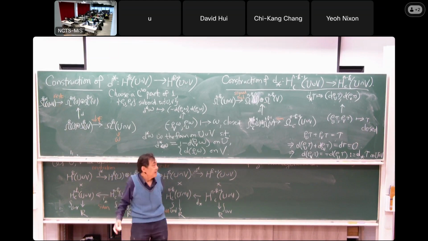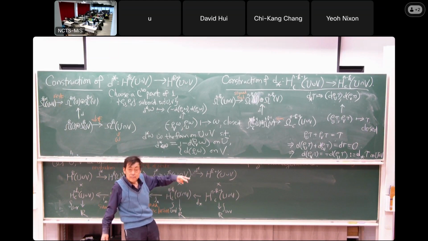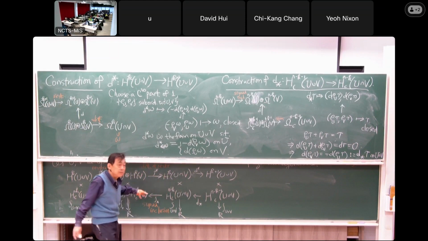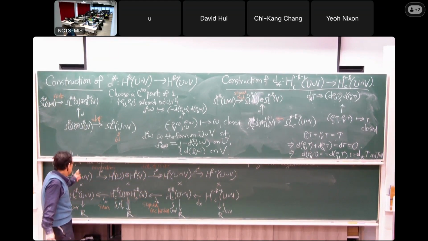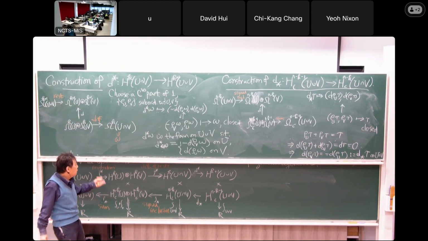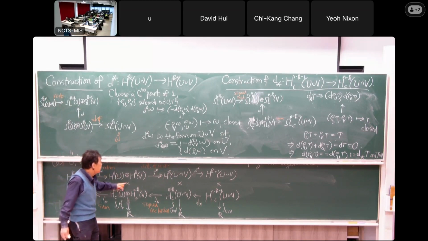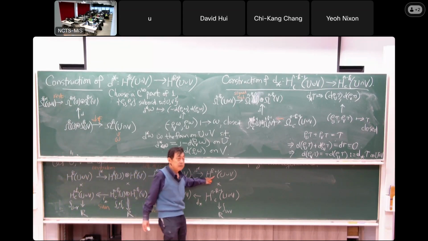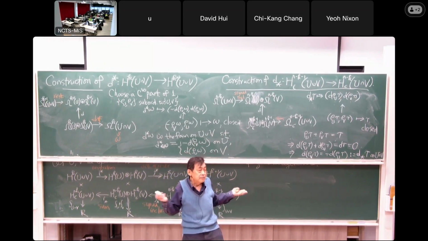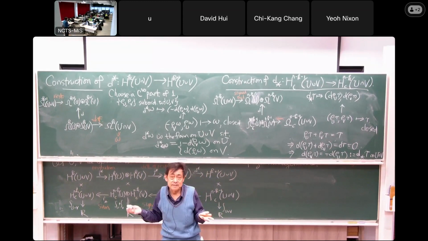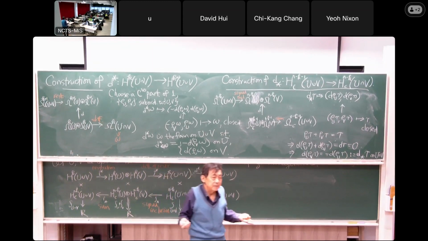And that would mean that the diagram of linear maps to the dual is commutative. And then we'll show that Poincare duality for U, V, and the intersection will imply Poincare duality for the union. And then we can do our induction that way. Okay, let's take a break for 10 minutes, and then we'll continue.